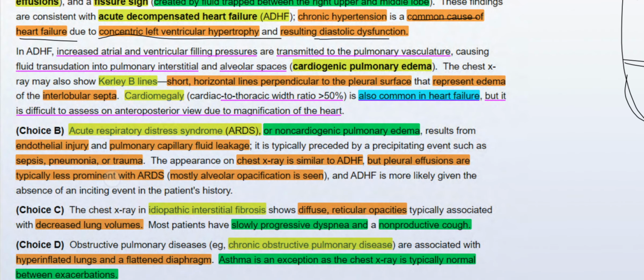Why not option B, acute respiratory distress syndrome or non-cardiogenic pulmonary edema? That would result from endothelial injury, pulmonary capillary fluid leakage, sepsis, pneumonia, or trauma. Chest X-ray is similar to acute decompensated heart failure, but pleural effusions are typically less prominent with ARDS. Mostly alveolar opacification is seen.